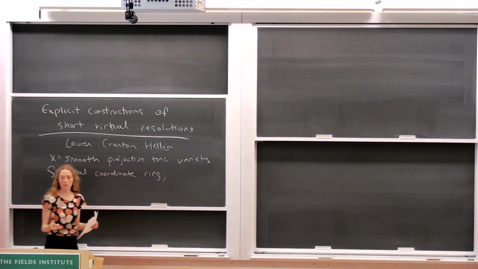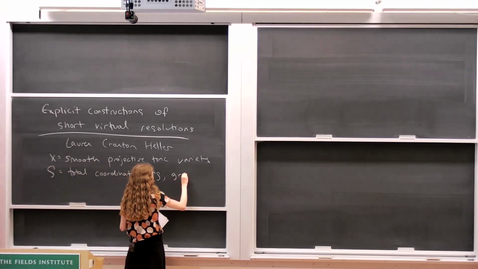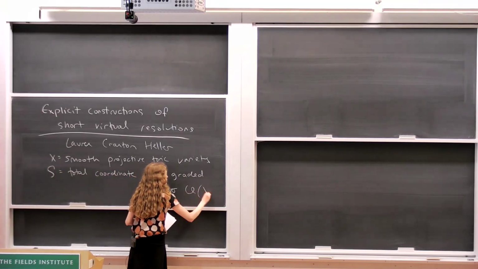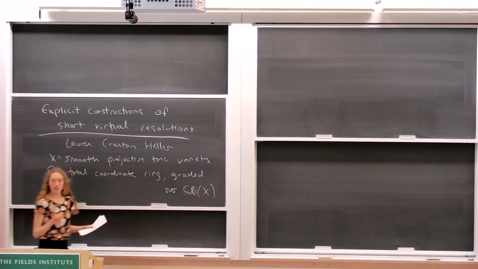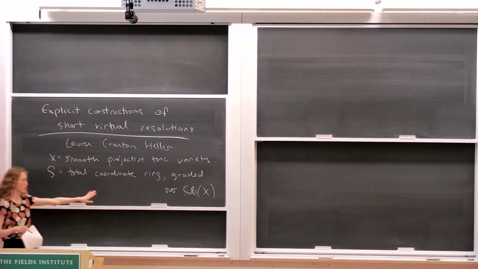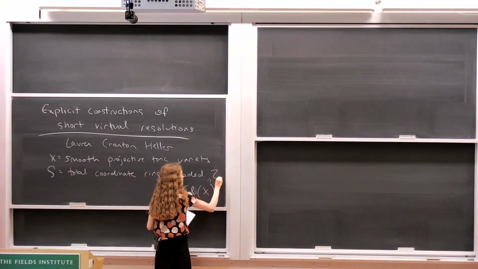This is a graded ring over a non-standard grading, generally. It's graded over the class group of the toric variety. We've assumed smooth, so class and Picard is the same thing. This is just Z to the R for some R. So maybe let me write that.